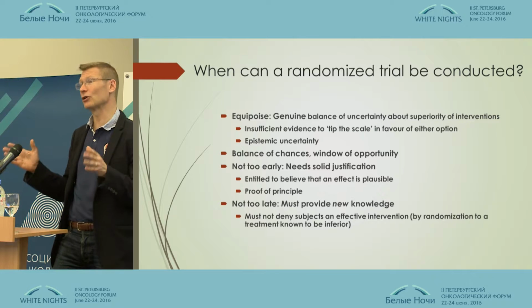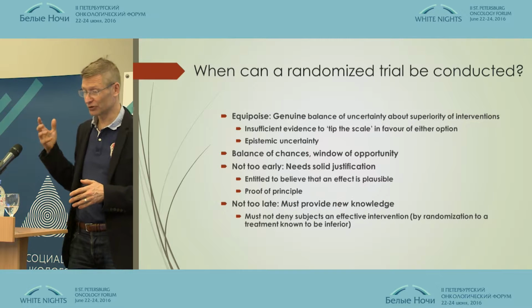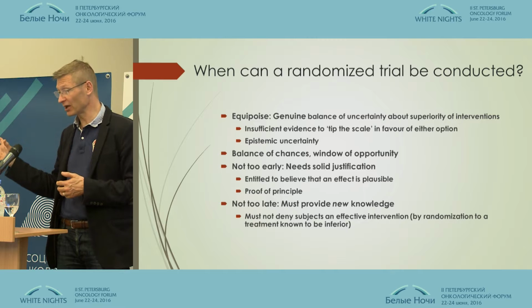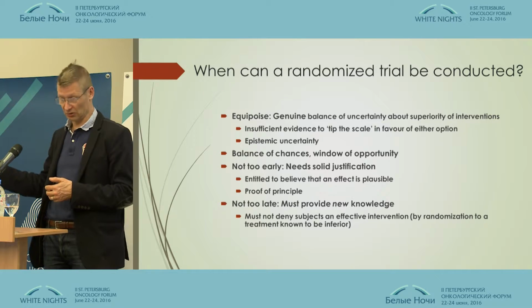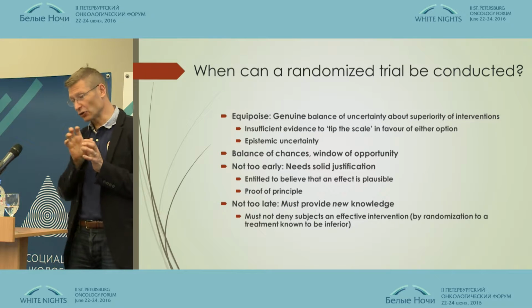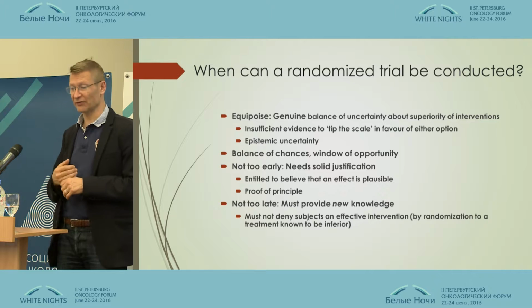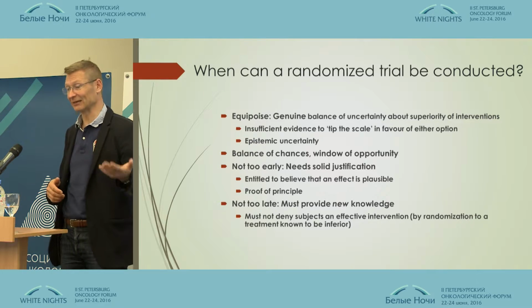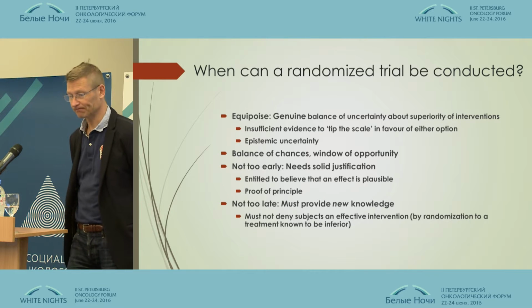And that leaves us a window of opportunity. We have to have some kind of preliminary basis for assuming that this is really a promising treatment or intervention, but it's not yet fully established. So not too early, because we need the justification, and not too late, because if the question is already settled, then conducting a trial is no longer feasible.